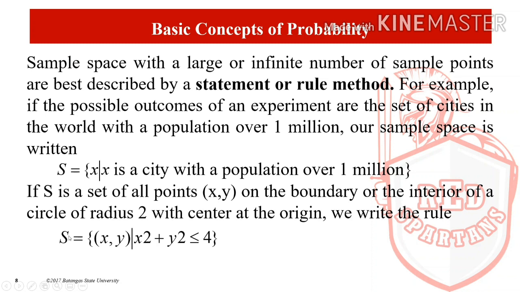Our answer is S is equal to (x, y) such that x squared plus y squared is less than or equal to 4. This comes from x squared plus y squared is equal to r squared. Our radius is 2, and 2 squared is 4. We are looking for the interior. The boundary is exactly equal to 4. Since the radius is 2, it is less than or equal to 4. So that is our answer when the sample points are infinite.